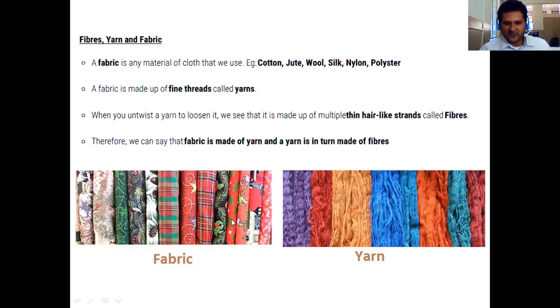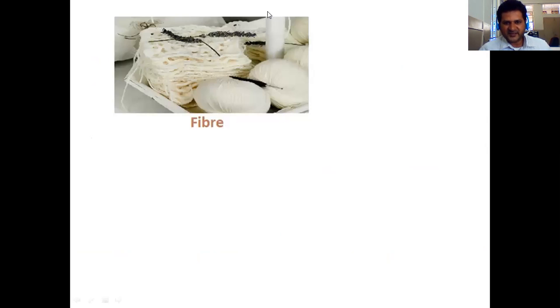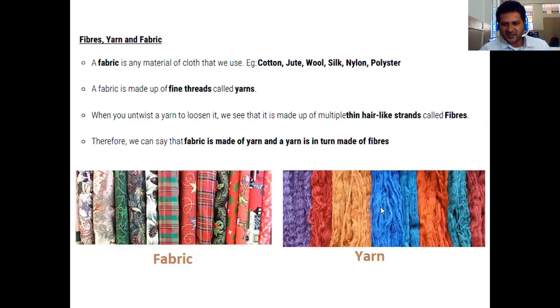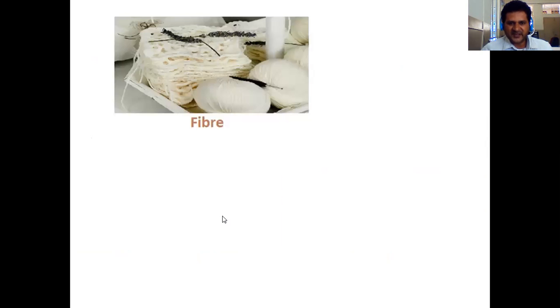So here yarn is the basic material of a fabric. This is an example of unprocessed fiber. Here they have added color to get different types of yarn. From using yarn they obtain fabric by designing. So this is the basic form of a fiber which is not colored.